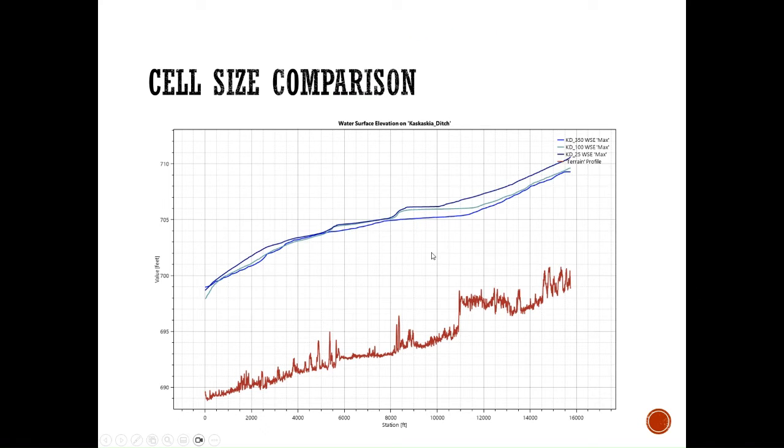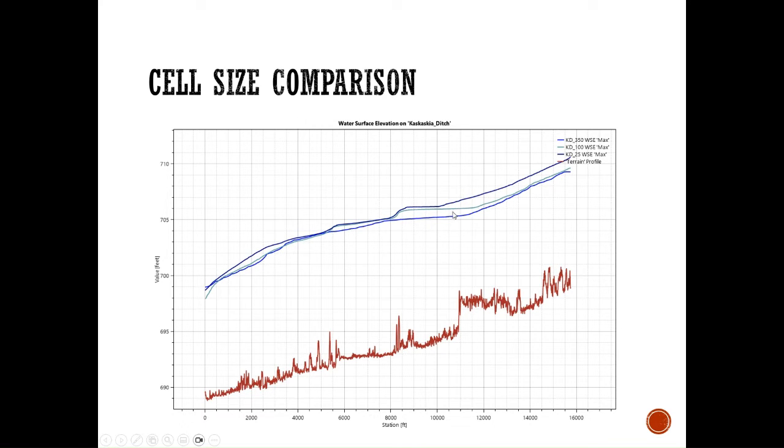So when we look at a profile view of the maximum water surface elevations along the stream channel, what we can see here is that the 350-foot cell profile has the lowest profile for most of the reach here.